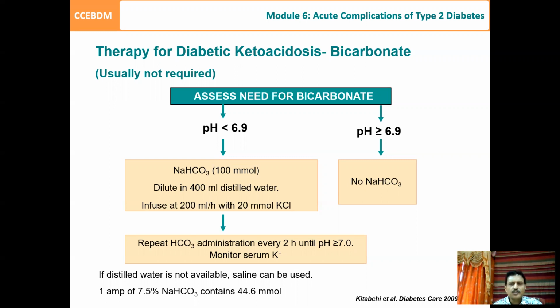Urine ketone may not change much over a period of time, so don't look at the urine ketone values. It will take time to disappear from the urine. But if the patient symptomatically improves, GI symptoms disappear, and the ABG value improves, it indicates the ketogenic process has stopped completely, and you can shift the patient from the IV insulin to the subcutaneous insulin.